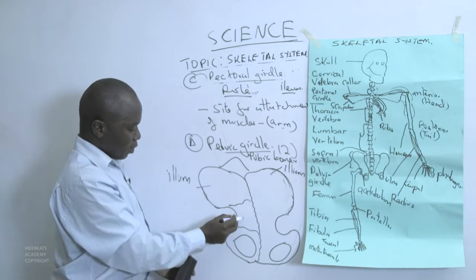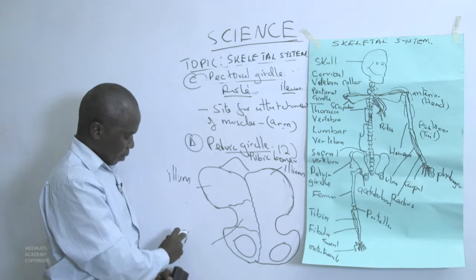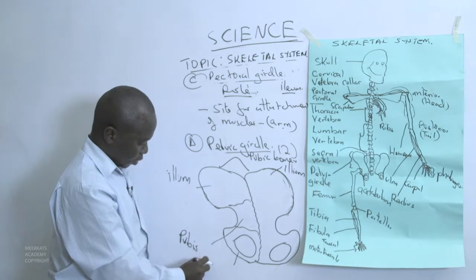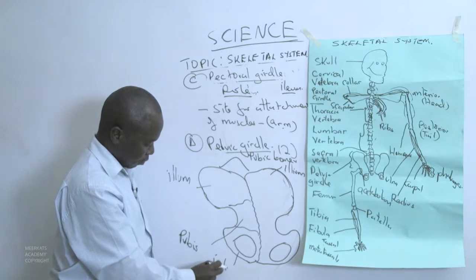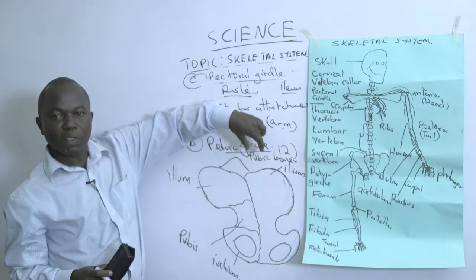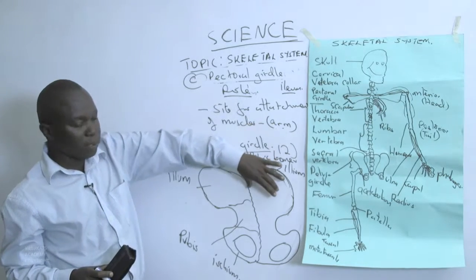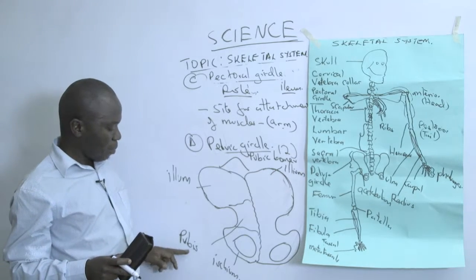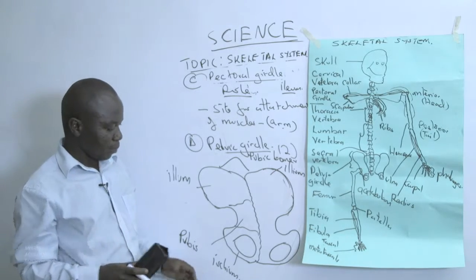And then the other bone is the pubis. The other bone is called the ischium. So I'm saying we have 2 pubic bones, but each bone is made up of 3 bones: the ilium, the pubis, and the ischium.